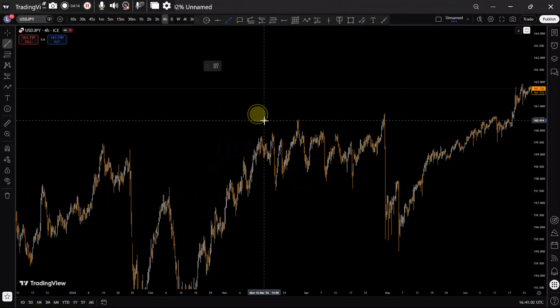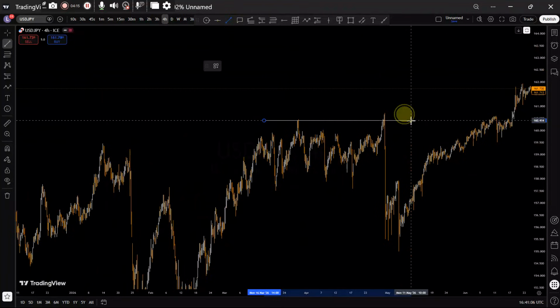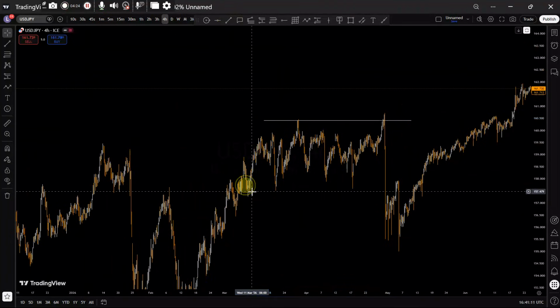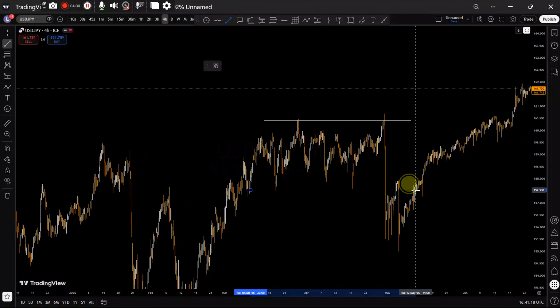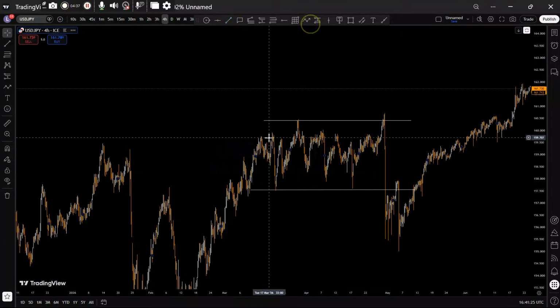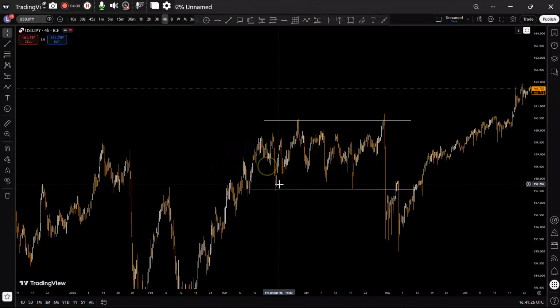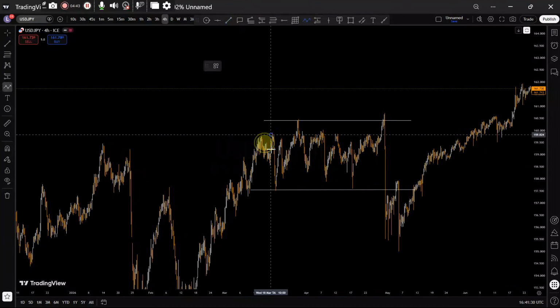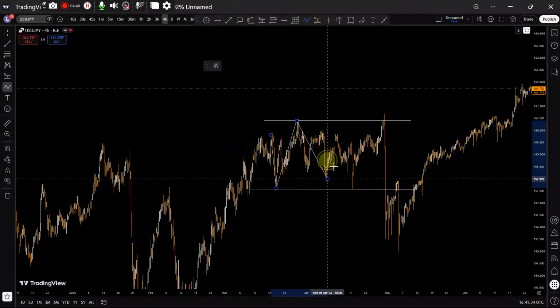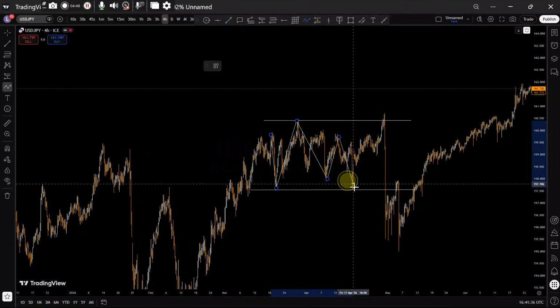And we also have this point here as our support zone. You saw the way the market was coming down, reacting to it. Market came to this point, reacted, went up, and just kept moving in that manner.